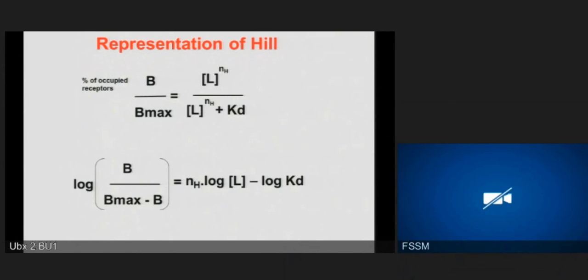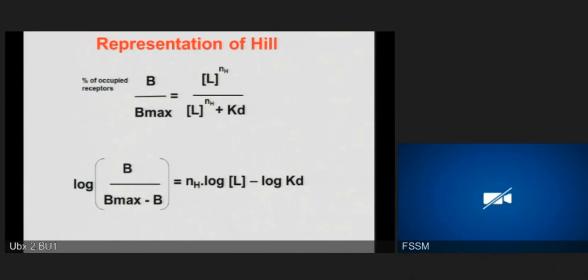And this is a good example because if you have 2 binding sites, how do you know if the binding on the first binding site won't have an effect on the ability of the ligand to bind on the second binding site? Why not? And it exists.